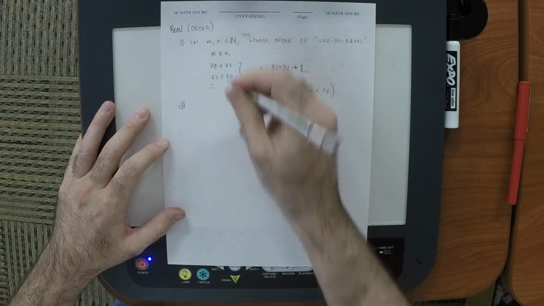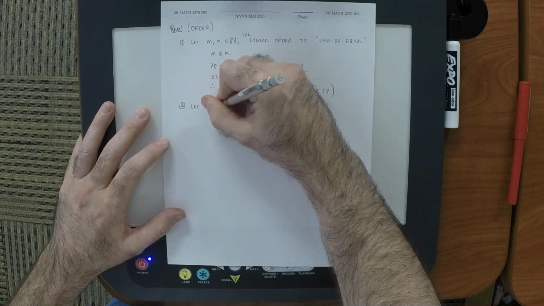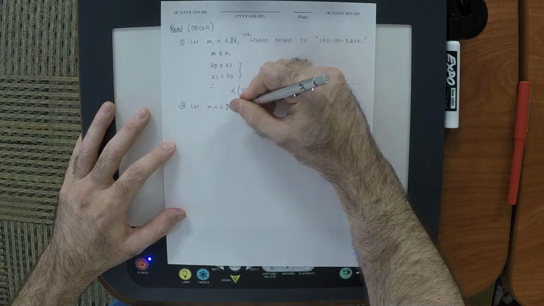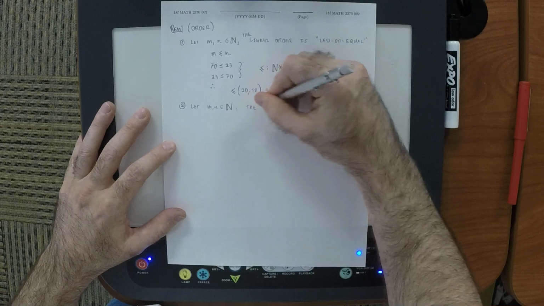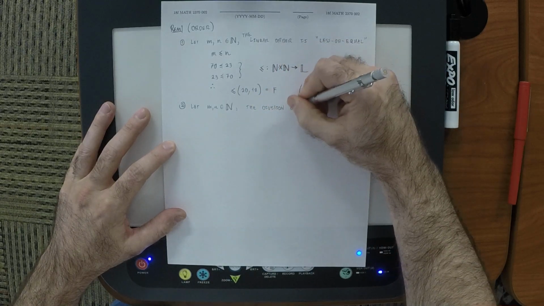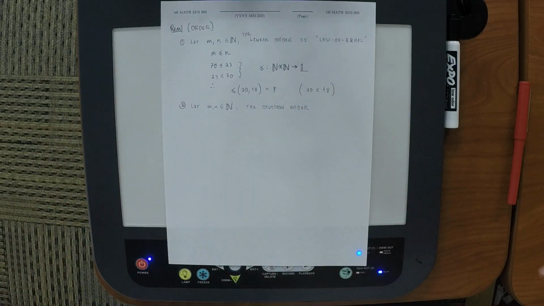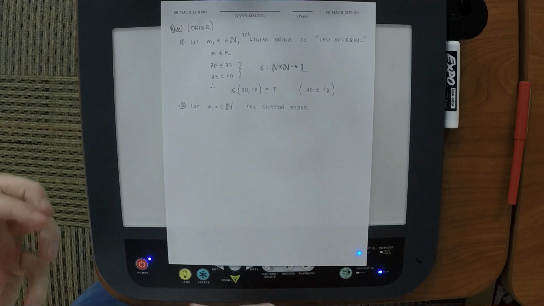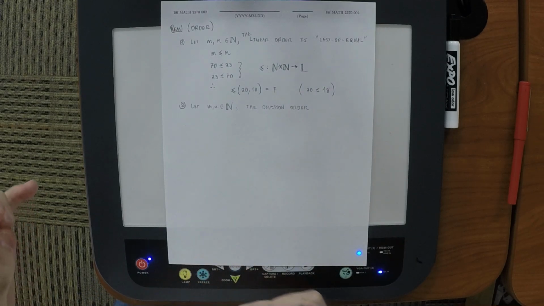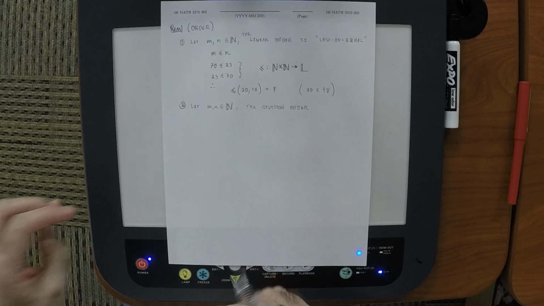Now, besides the linear order, I can also say let m and n be in the naturals. The division order is that thing that we were talking about last time, the question about whether or not a divides b, whether or not a is a divisor of b.